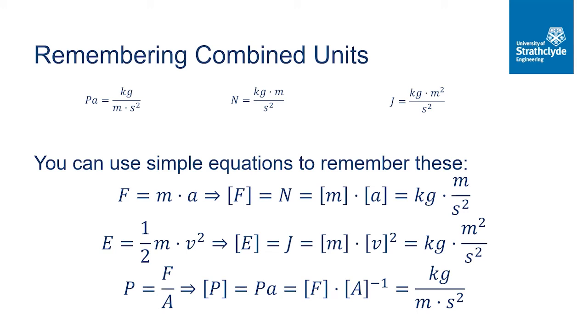Plugging in our units for both of those, and you'll see that now we're using a force, so we'll use the unit of newtons, but the base units are kilogram meters per second squared. Now dividing that by an area, which will be meter squared, one of the meters will cancel out, and then you have a meter at the bottom, and hence you get this equation here.